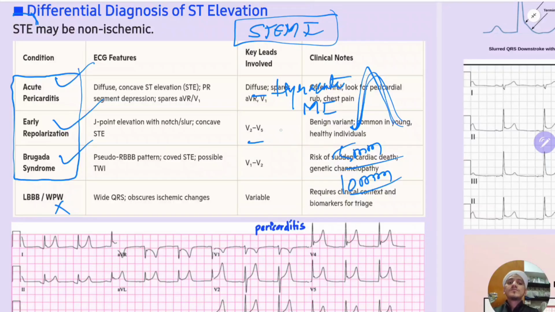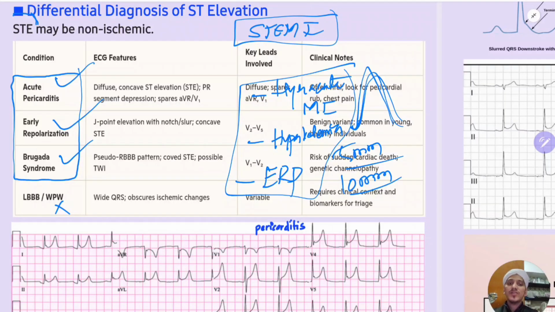Number two is hyperkalemia, and number three is early repolarization pattern. So these three are the differential diagnosis of tall T waves, and the other three are the differential diagnosis of ST segment elevation.